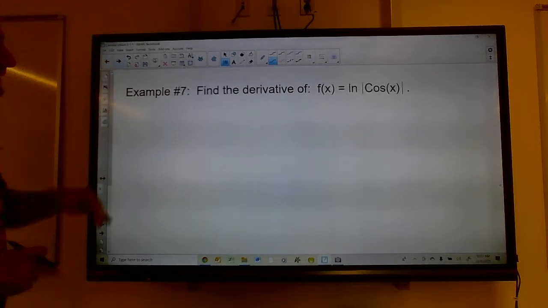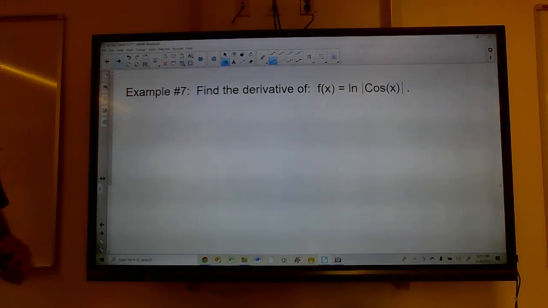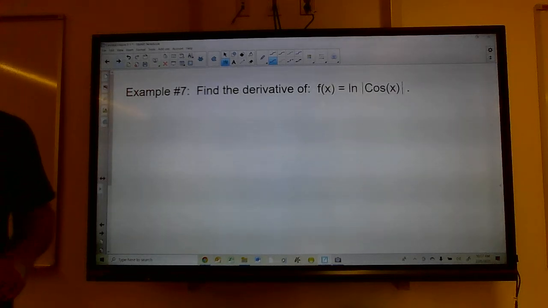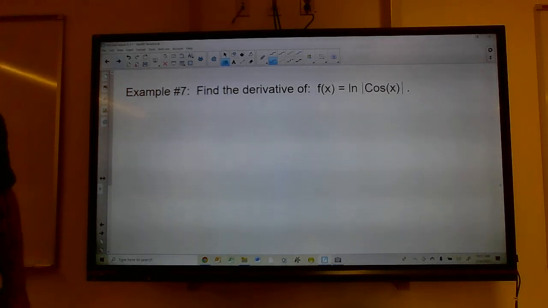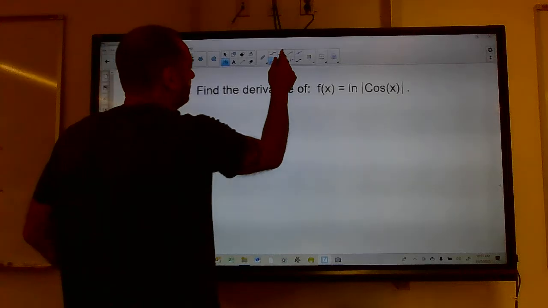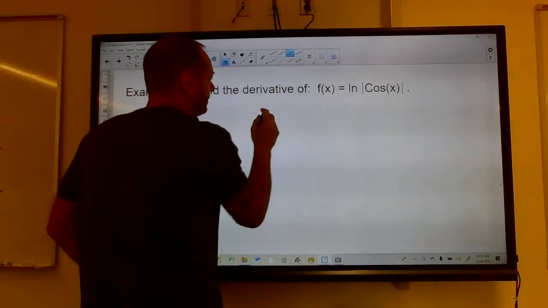Okay, so let's use that property to find the derivative of f of x is the natural log of the absolute value of cosine of x. If you remember, we'll just copy it from the previous page.